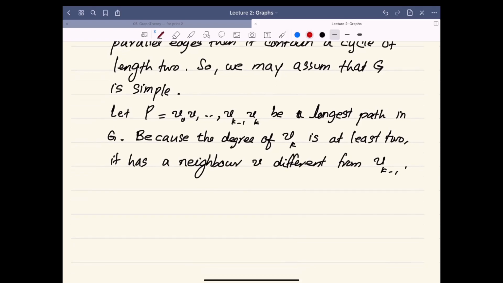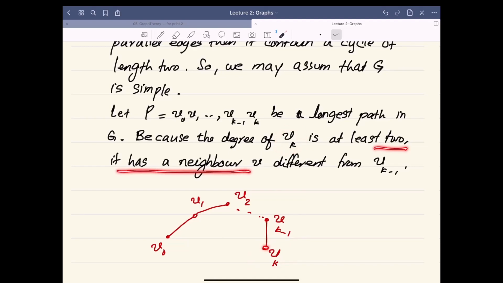So here you have V0, this is V1, this is V2, and you keep going until you reach Vk minus 1, and this Vk minus 1 is adjacent to Vk. What I'm saying here is that because the degree of Vk, which is the last one, is at least 2, it has a neighbor which is V, and I'm going to write it here in a different color.